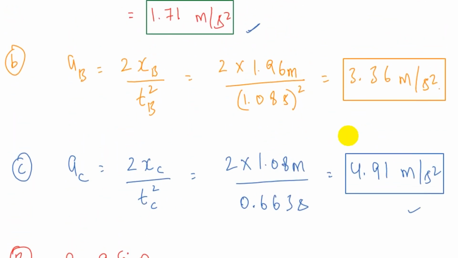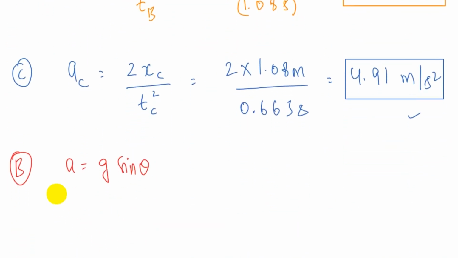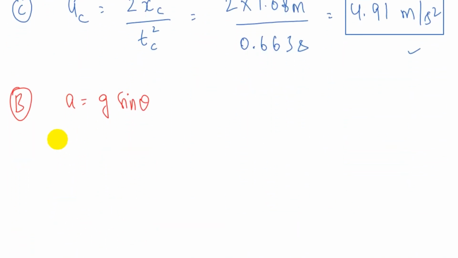Acceleration we calculated for ramp A is 1.71 meters per second squared. So we can put it here, 1.71 meters per second squared. Now this g I can take to the left side, and the value of g we know, it is acceleration due to gravity. Its value is 9.81 meters per second squared. So this would be equal to sine theta.